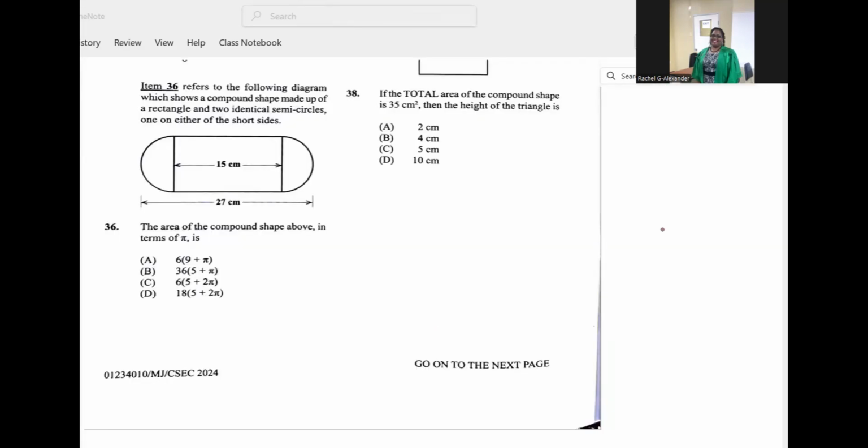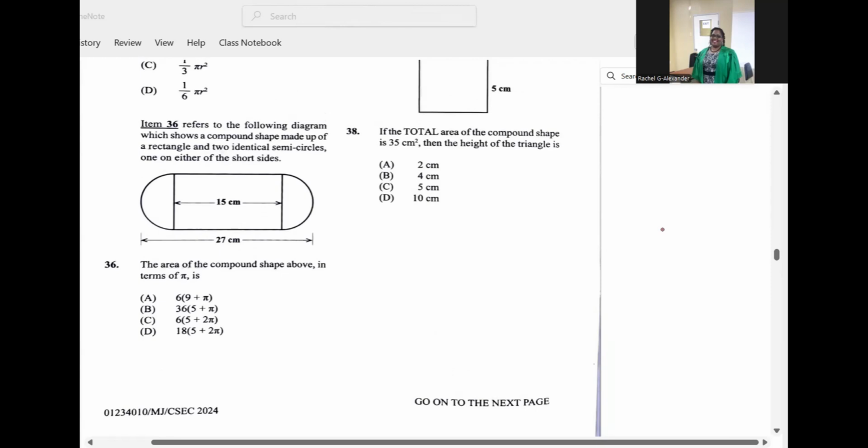Item 36 refers to the following diagram, which shows a compound shape made up of a rectangle and two identical semicircles, one on either of the short sides. The area of the compound shape above in terms of pi is what?